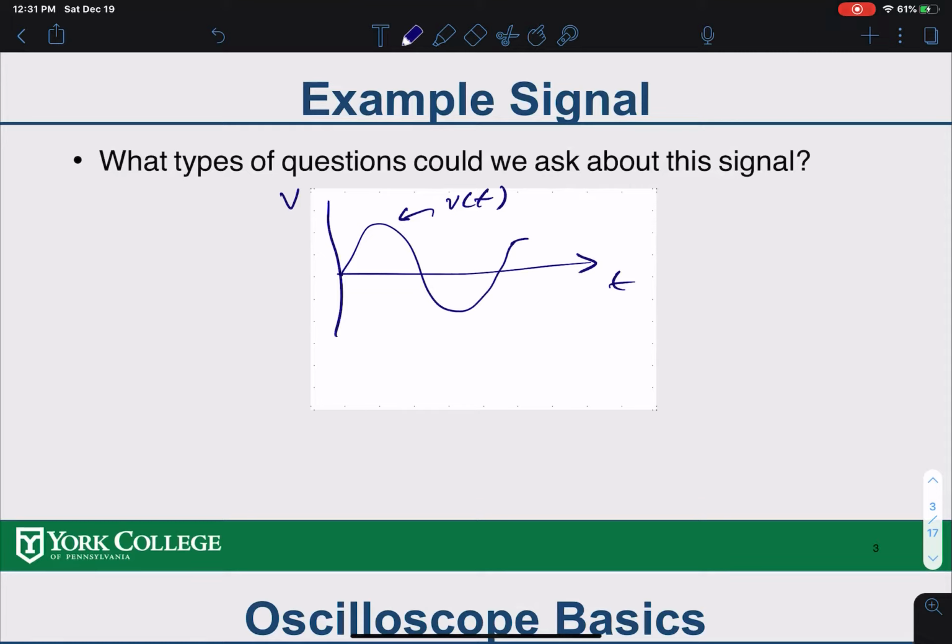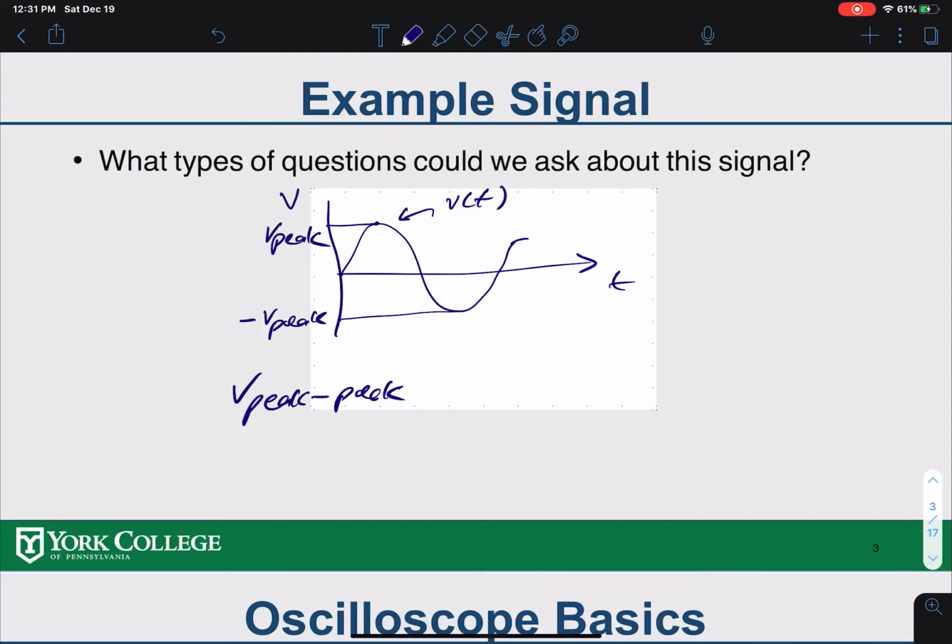Here is a peak value, so this is called V peak. There's another peak here, which we call negative V peak. Then if you have two peaks, you can find the peak to peak value. So we can also find the V peak to peak value, right?